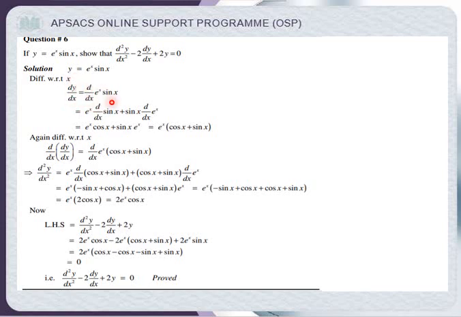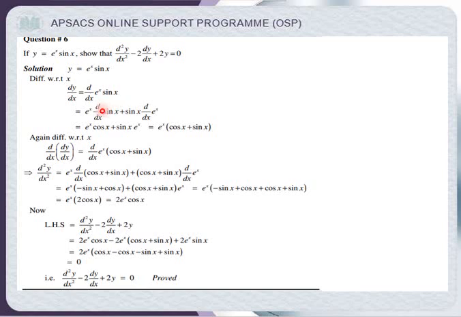The two functions are in product form, u into v. What is the formula of u into v? u times the derivative of v plus v times the derivative of u. I am repeating again: u times v derivative plus v times u derivative. Here u is e raised to the power x, and v is sine of x.